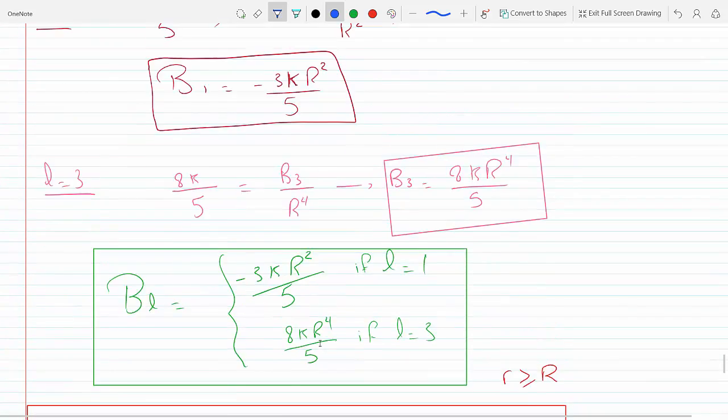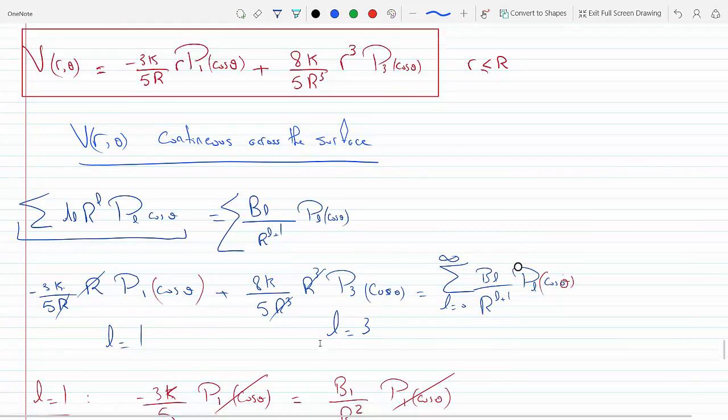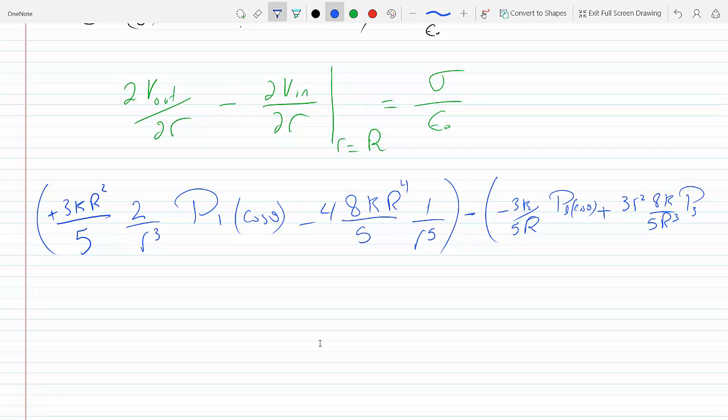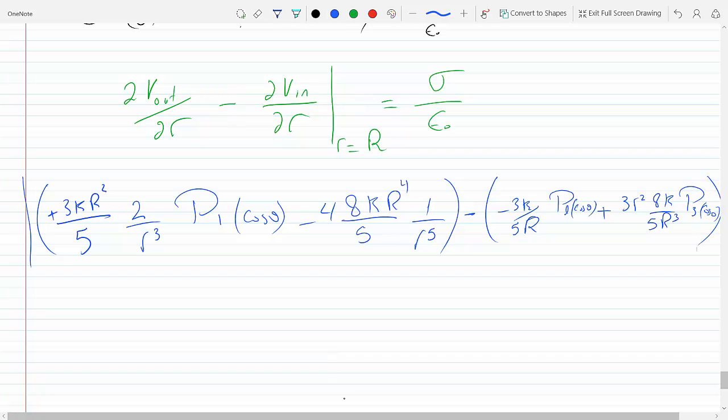The last term had an r cubed, I think. So 3r squared times that, and there was 8k over 5R cubed, P3 cosine theta, and we will evaluate all this at r equals big R.